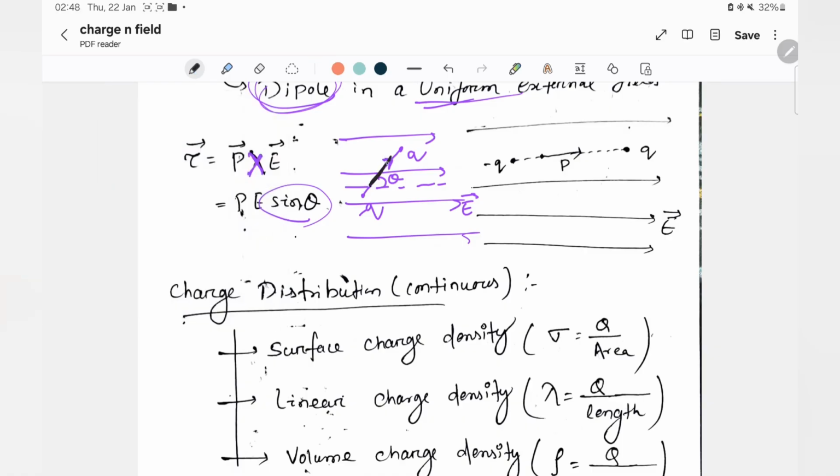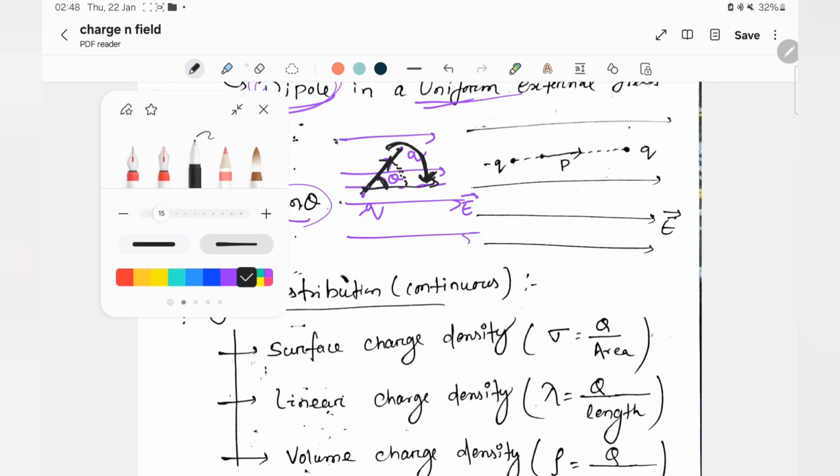It will do some work to align itself in the direction of the electric field. This turning effect is known as torque. The dipole will experience some torque due to this electric field, that is P cross E.